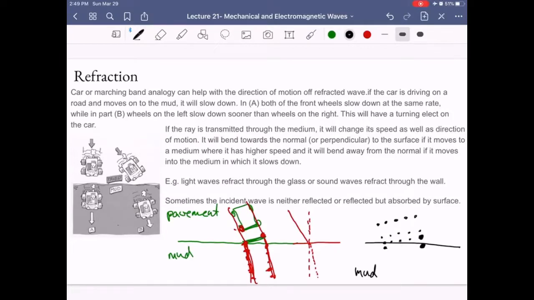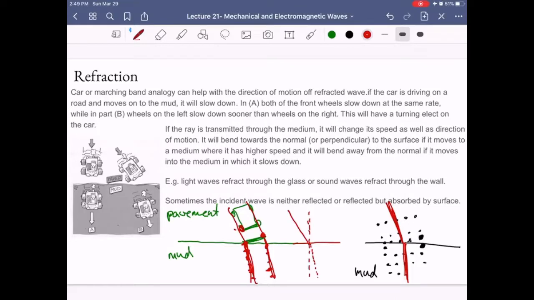The same is true for people in between. Eventually all of the marching band turns that way. So we would have a light or sound wave traveling this way, then bending a bit towards the normal if it slows down. And if it speeds up, it would turn the other way around.